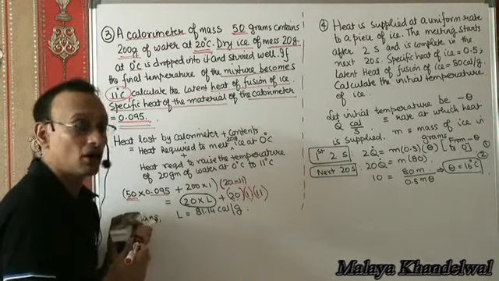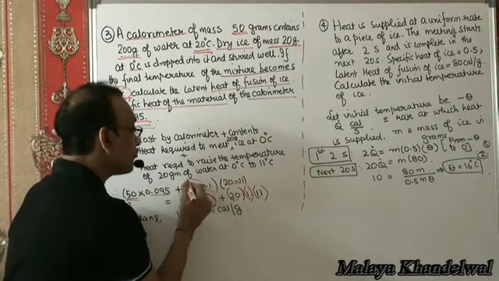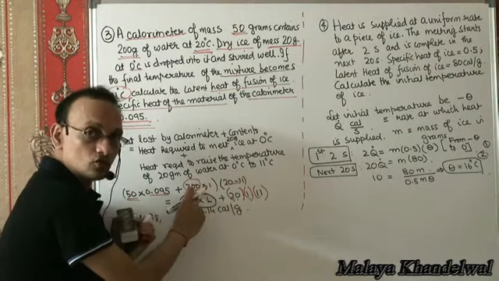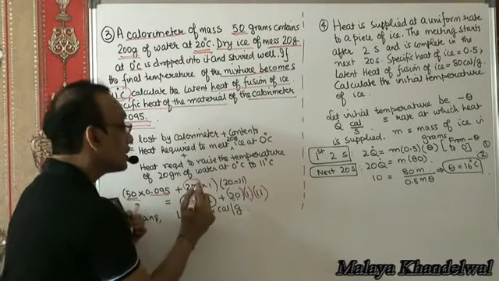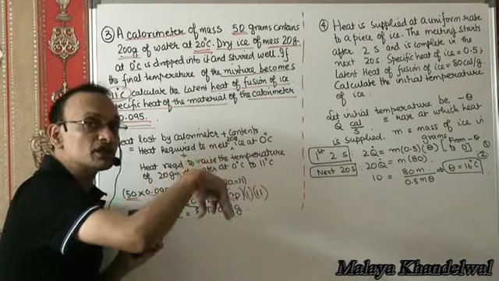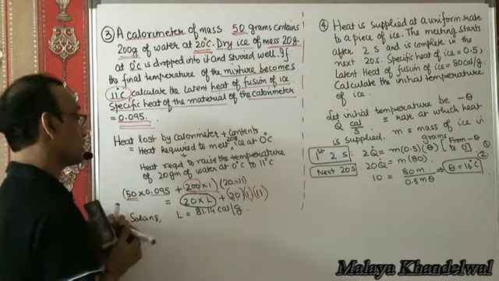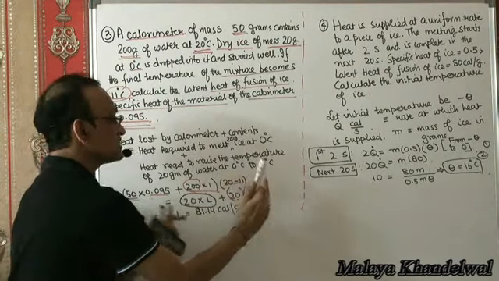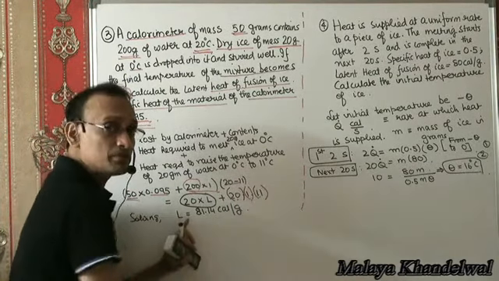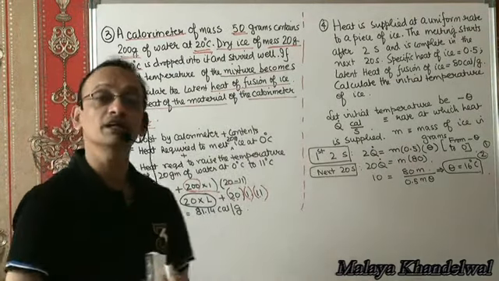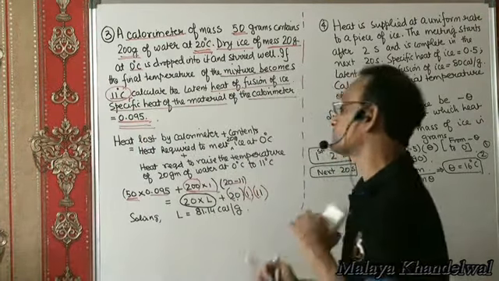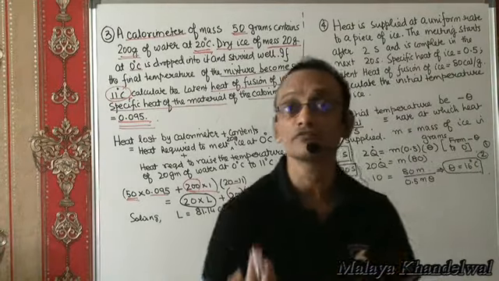And the 200 grams of water contained in it is 200 mass into specific heat into drop of temperature. That's the heat lost by the water originally contained in the calorimeter. And heat lost is heat gained. If I apply that principle of calorimetry and solve, L turns out to be 81.14 calories per gram as the latent heat of fusion of ice.